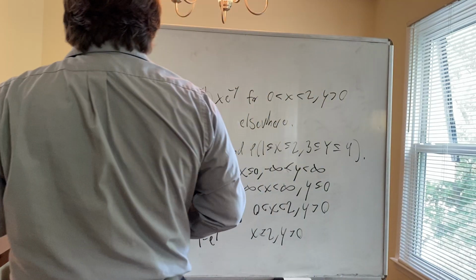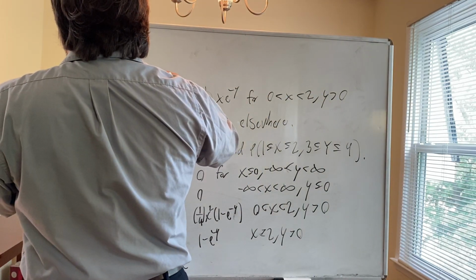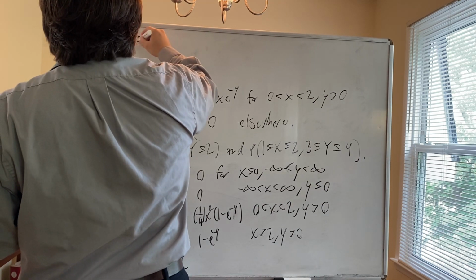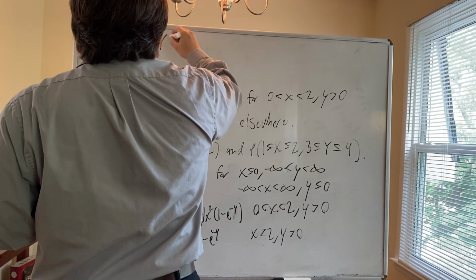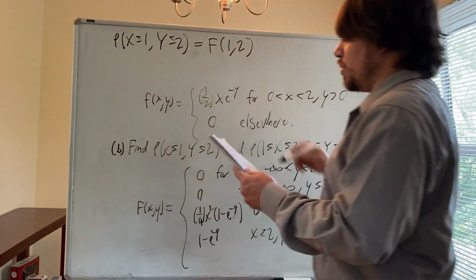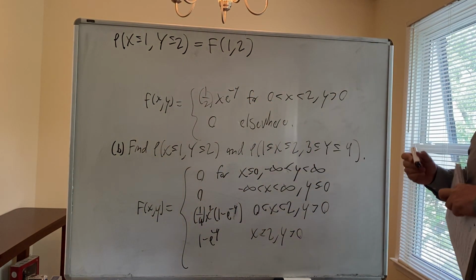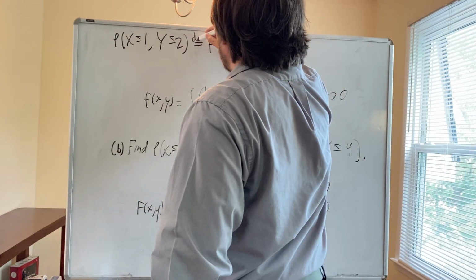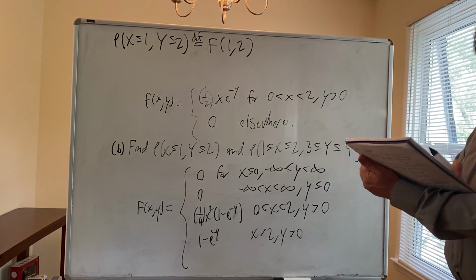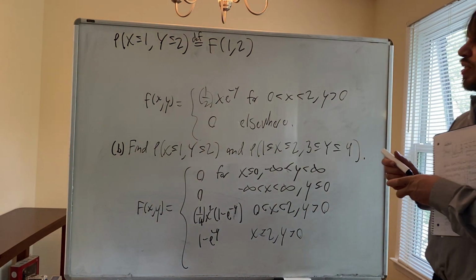So for part B, if we want to find the probability that x is less than or equal to 1 and y is less than or equal to 2, that's equal to capital F of 1 comma 2 by the definition of the cumulative joint distribution function. The joint cumulative distribution function of x and y, right?